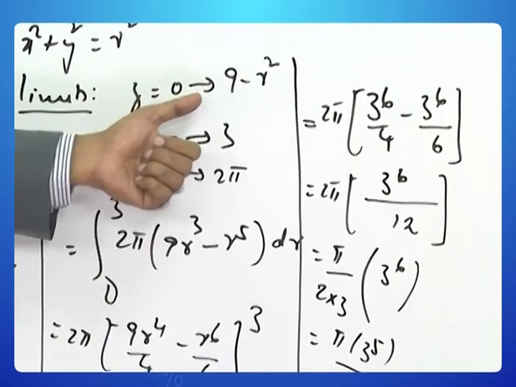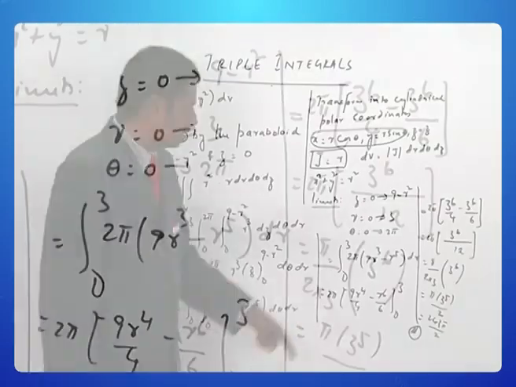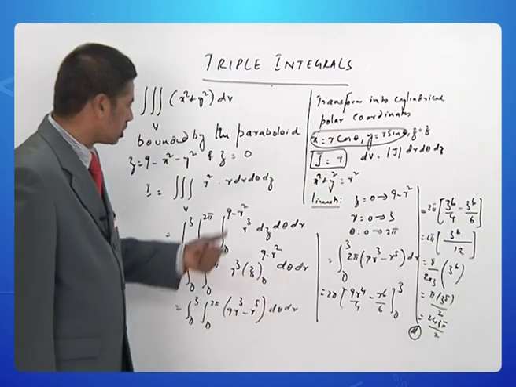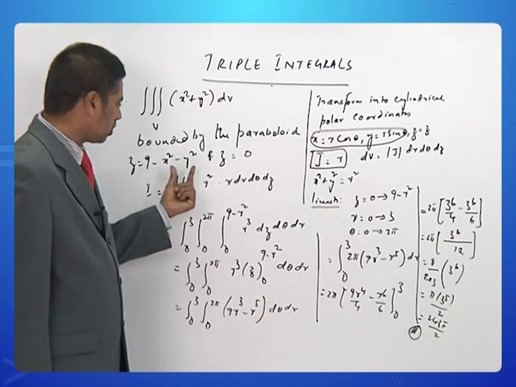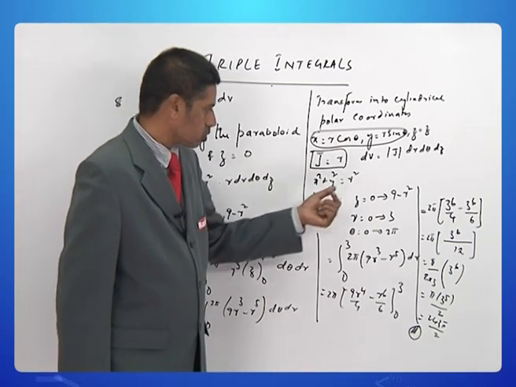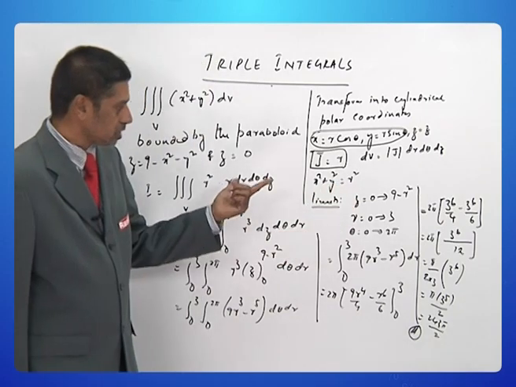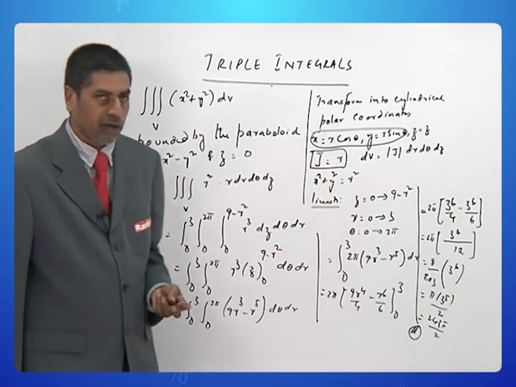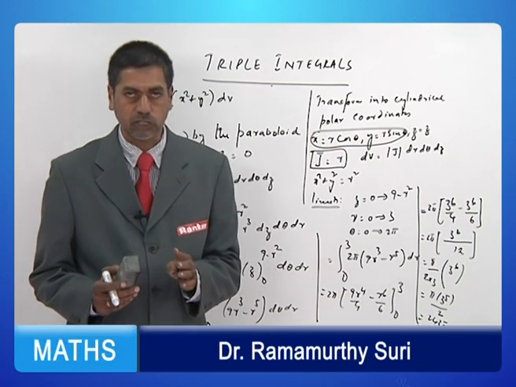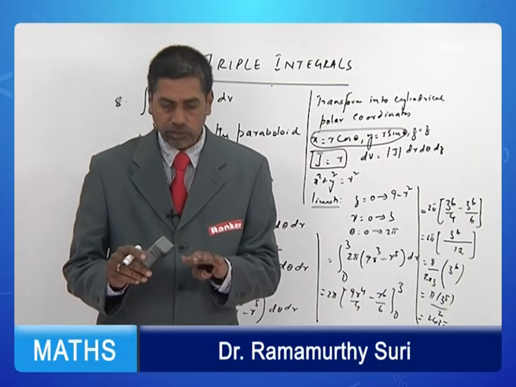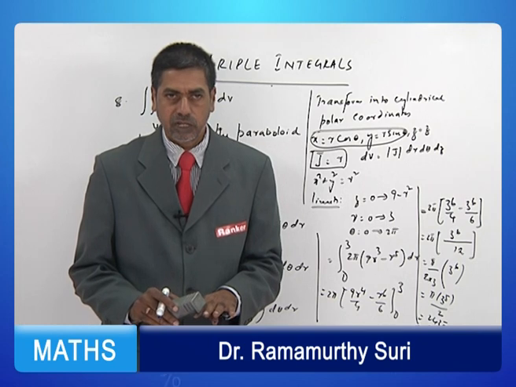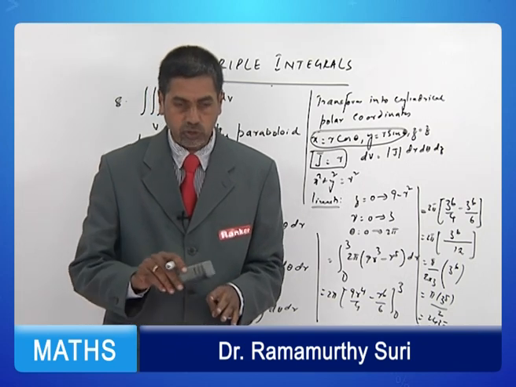How did we get z is equal to 0 to 9 minus r square? Well, z is equal to 0 is already specified in the problem, and because x square plus y square becomes r square, therefore you get 9 minus r square. So once you have z is equal to 0 to 9 minus r square, you are now into the two-dimensional plane. So you must visualize what is there on the two-dimensional plane.